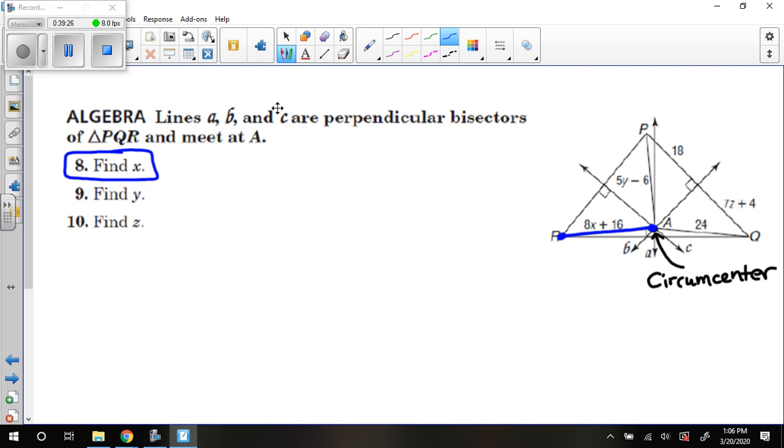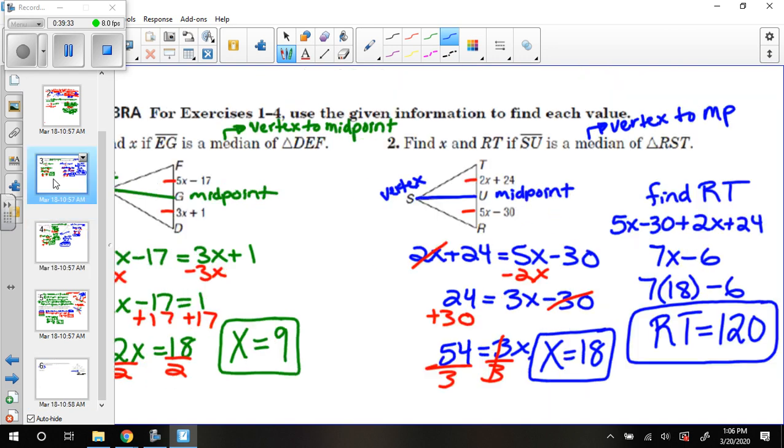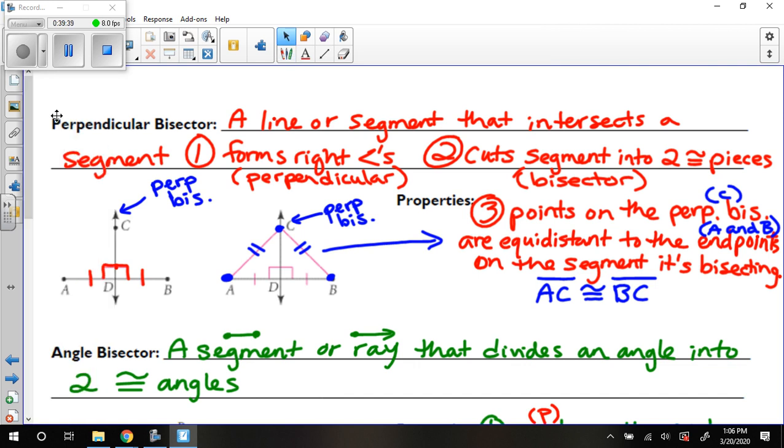If you recall, let me go back to where we talked about our perpendicular bisectors. Okay, here we go. It's going to be property 3 here, that points on the perpendicular bisector are equal distance to the endpoints on the segment.